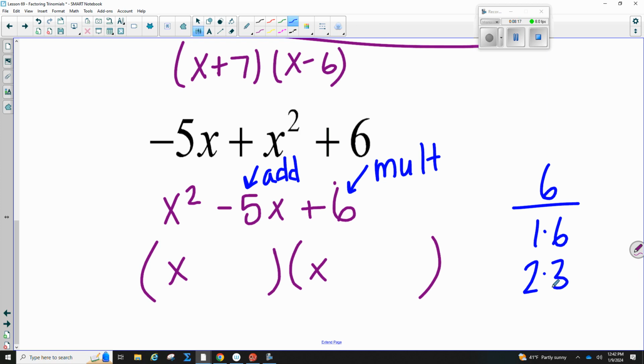Now, they have to add to -5. Okay, this works right here, right? Watch this. Do you guys agree that these now add to -5? But do these numbers multiply to -6? I mean, +6. No, I need them to multiply to a positive. So even though these add to -5, these multiply to -6. So we have a problem, right? All right, how about right here? What could we do, Maddie?